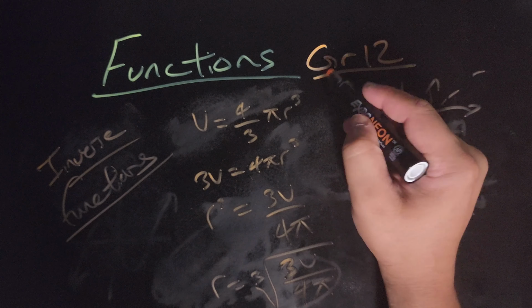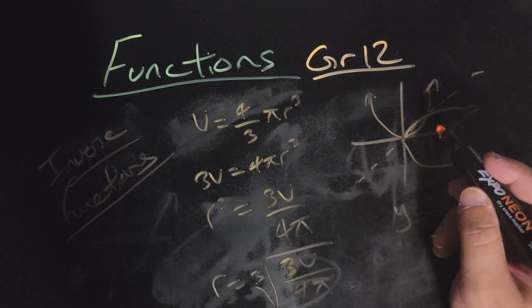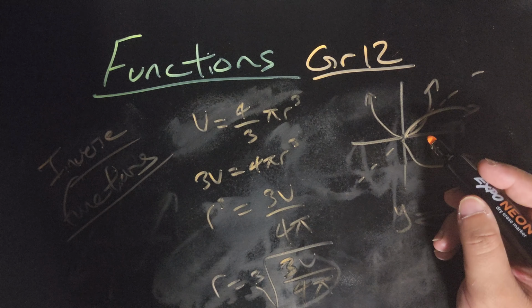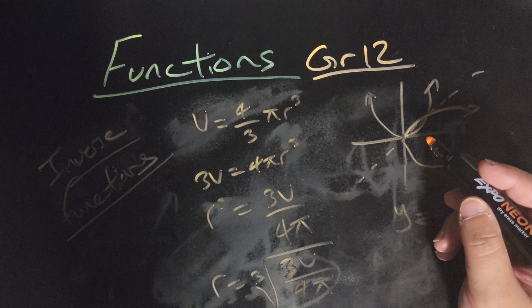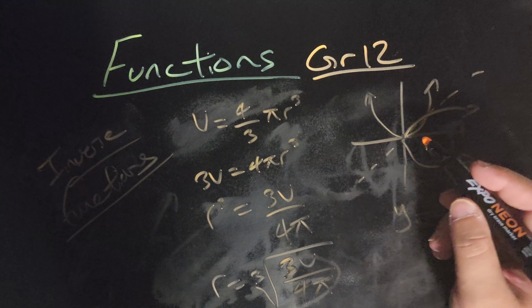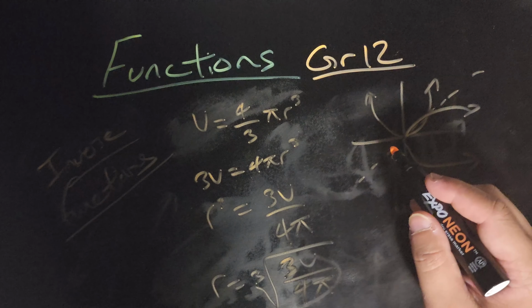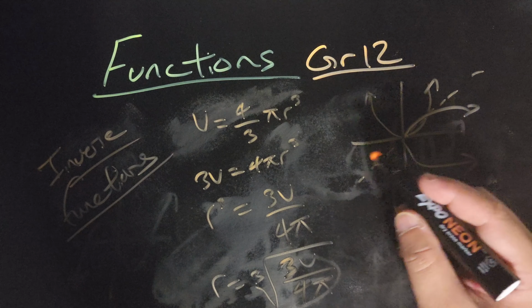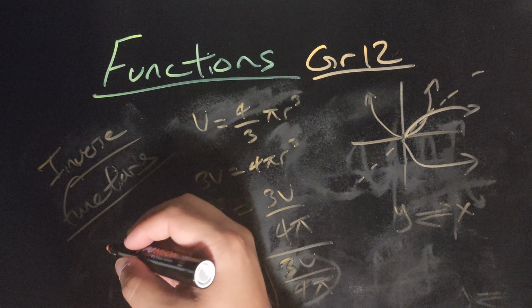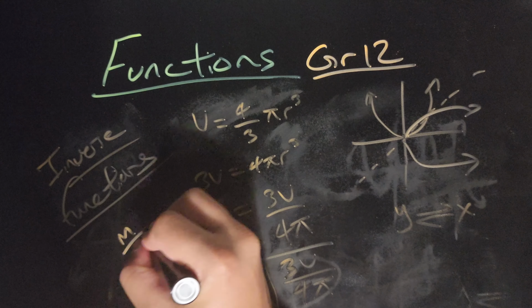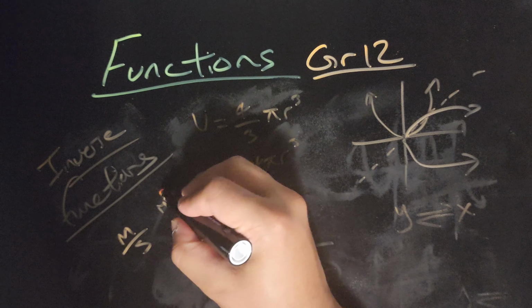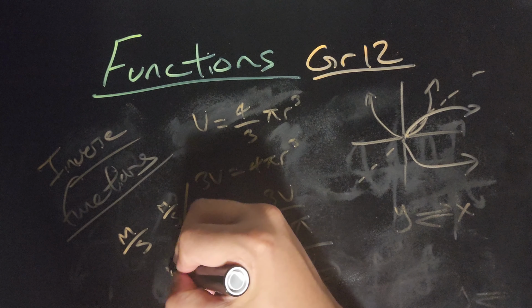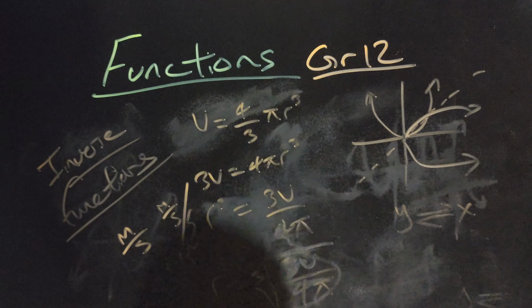In terms of functions, it's basically just a review before we go into the next chapter, where we start interpreting functions as rates of change, where we have things such as meters per second, or meters per second squared.